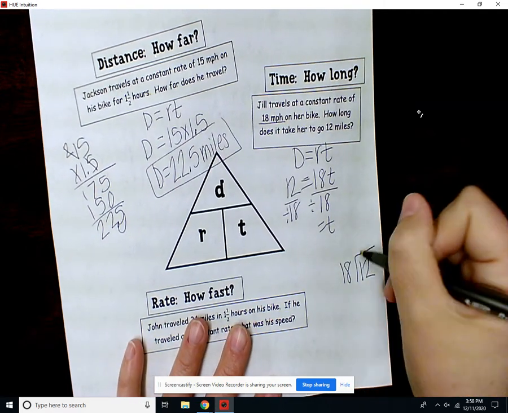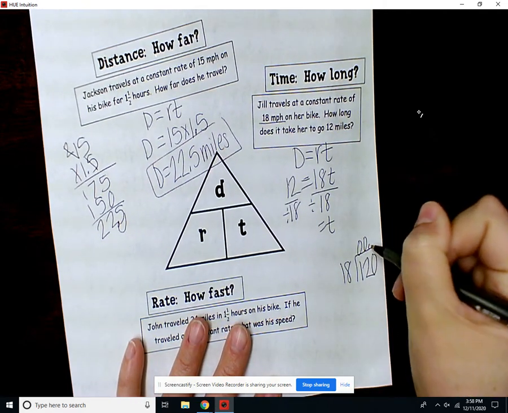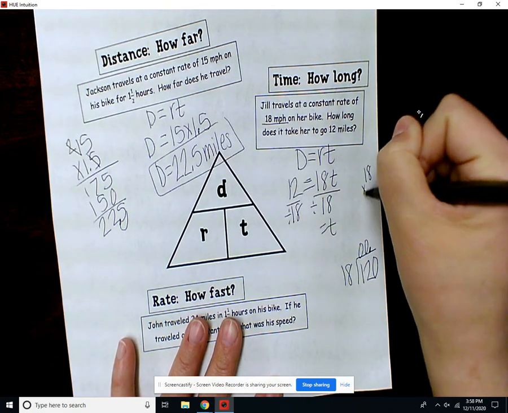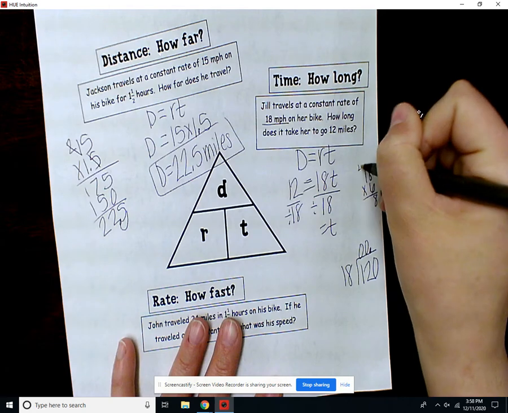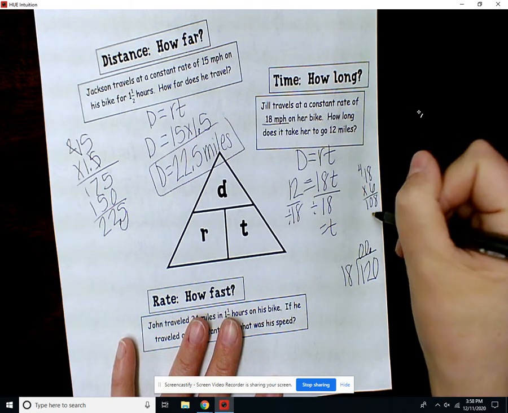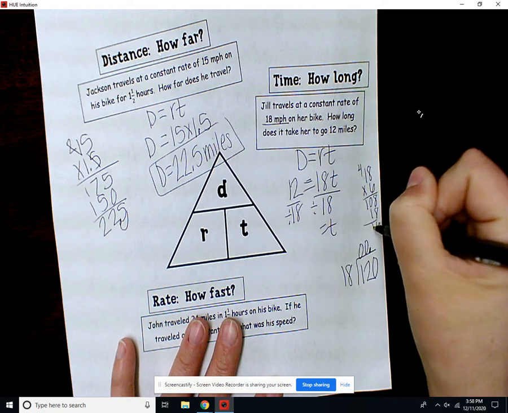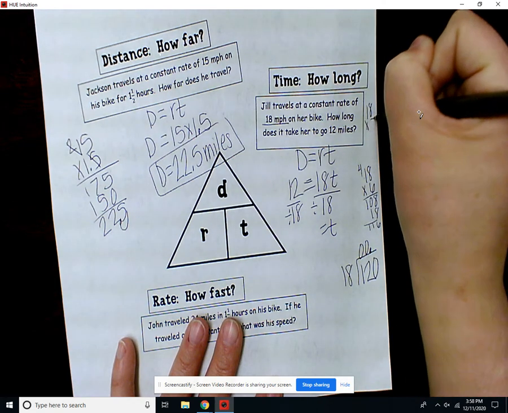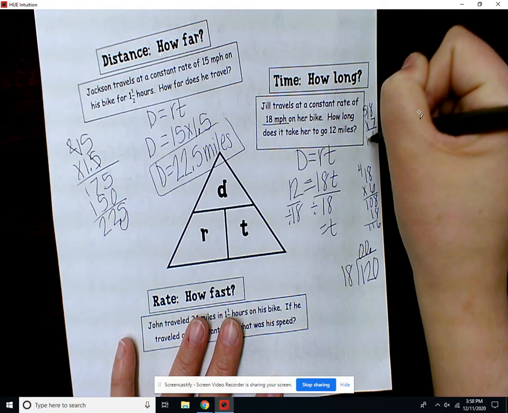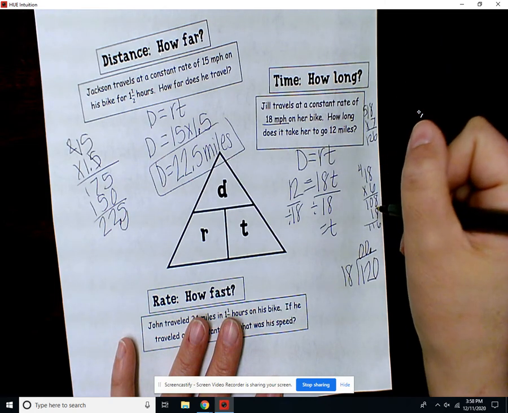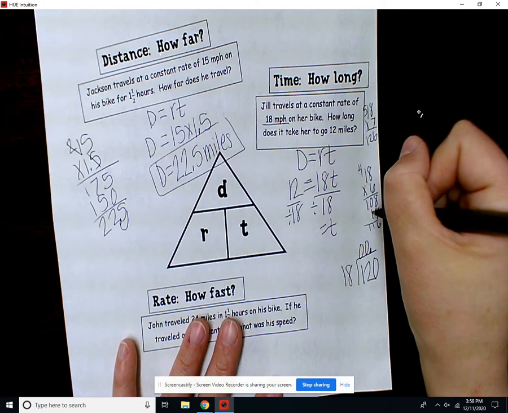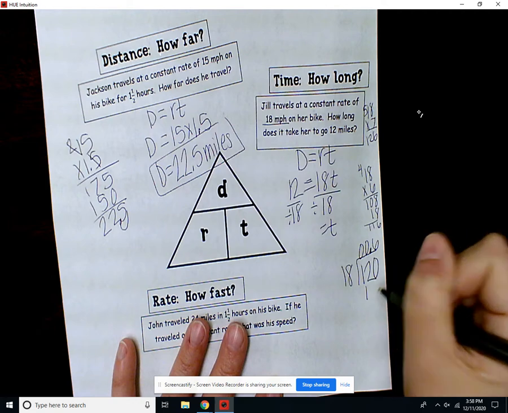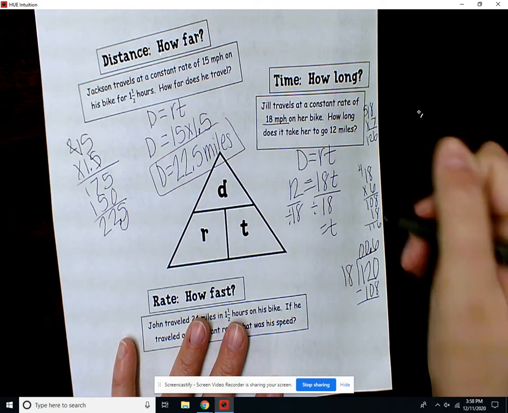So 18 can't go into 12, so we're going to add a decimal. 18 is going to go into 120 six times, which is 108.